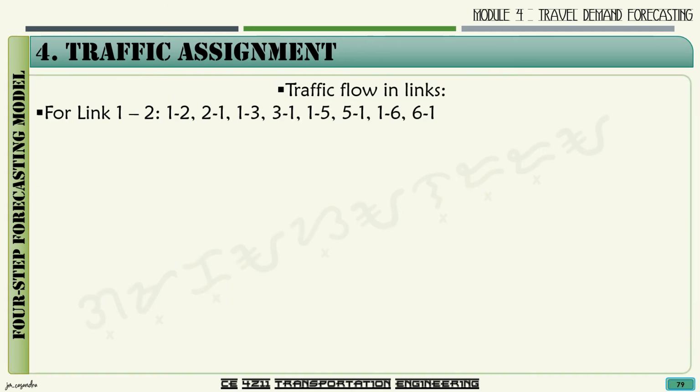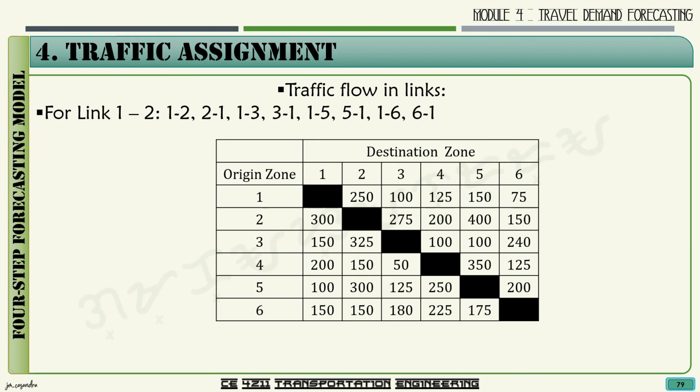So to compute now for the traffic flow in each of the links, we'll be using table B, which gives us the volume of traffic for our interzonal trips. For link 1, 2, the contributing links will be 1, 2, 2, 1, we have 1, 3, 3, 1, 1, 5, 5, 1, and 1, 6, 6, 1.